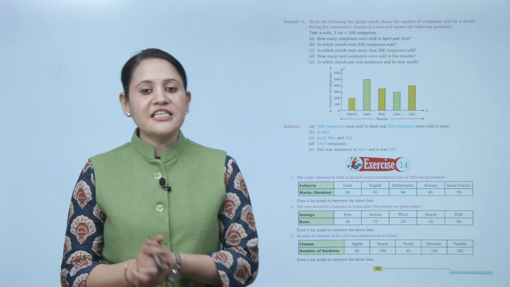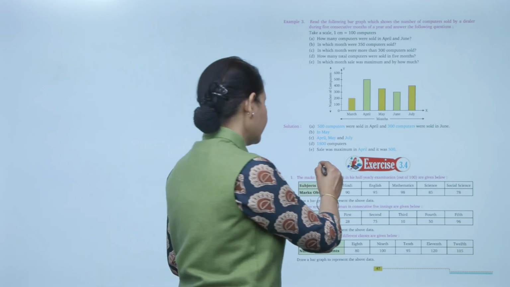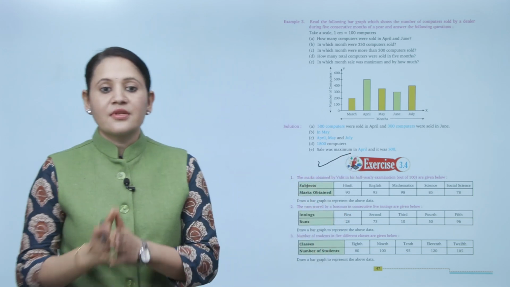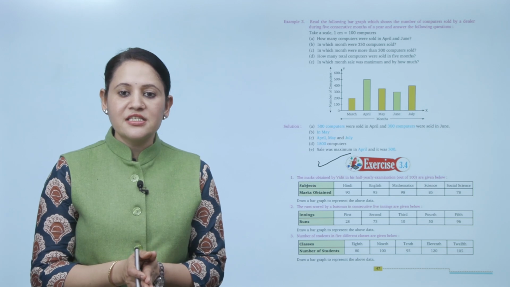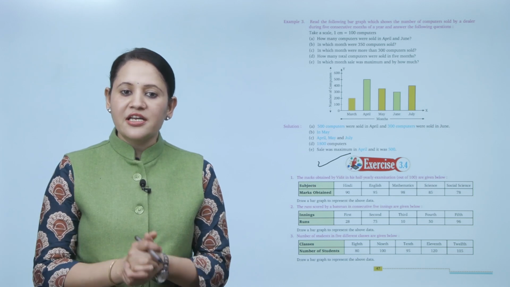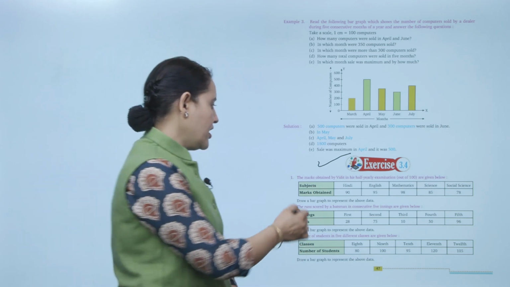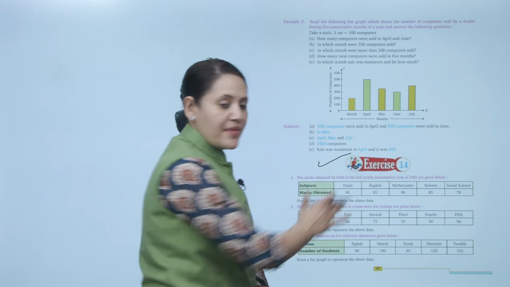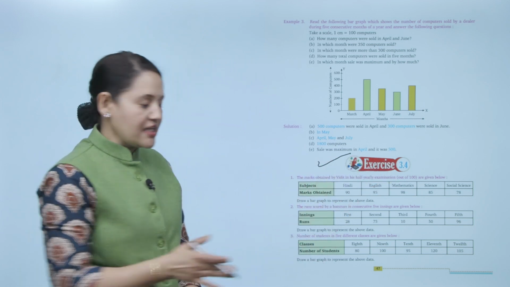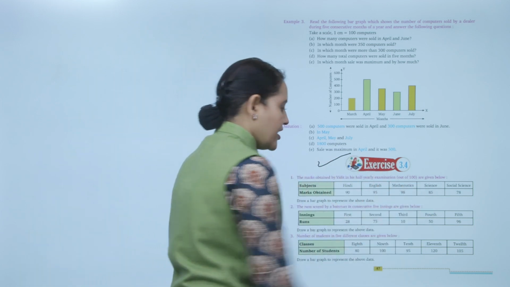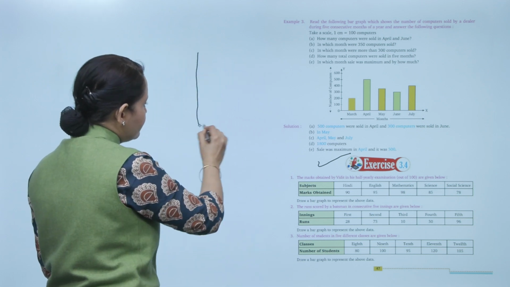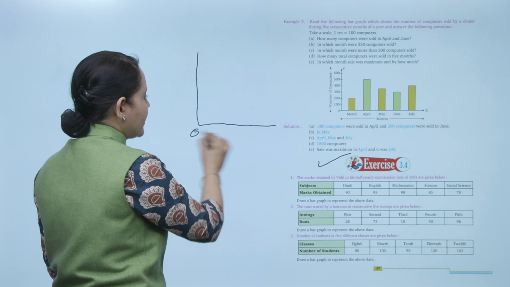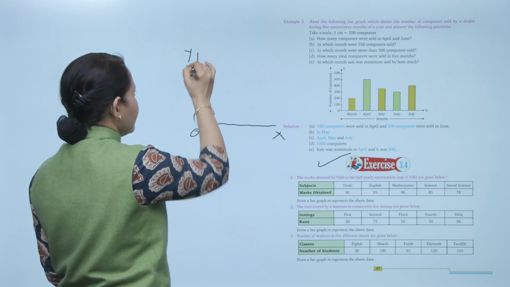Next is exercise 3.4. The marks obtained by Vidit in his half yearly examinations out of 100 are given below. So here the subjects Hindi, English, Mathematics, Science and Social Science, and marks obtained by Vidit are given here. So for that, this is x-axis and y-axis.